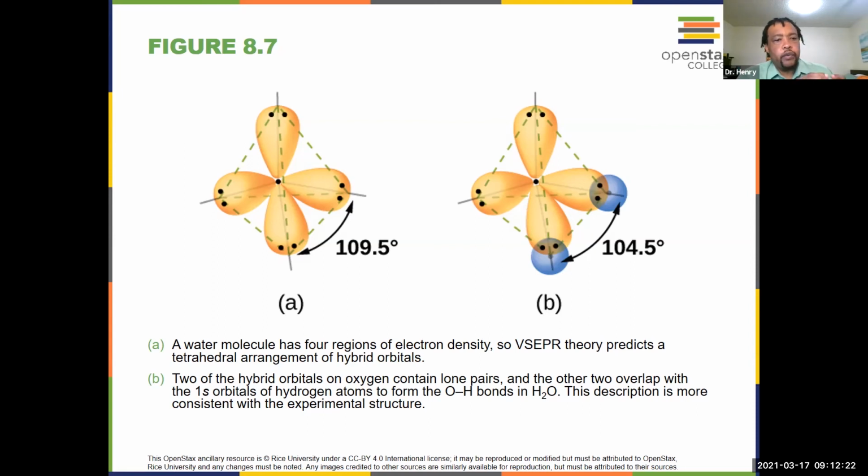But in reality, what we actually form is altered, because of those lone pairs and orbitals. This here represents a non-hybrid orbital in terms of being predicted, and this here takes into consideration the hybrid orbitals that would be forming.